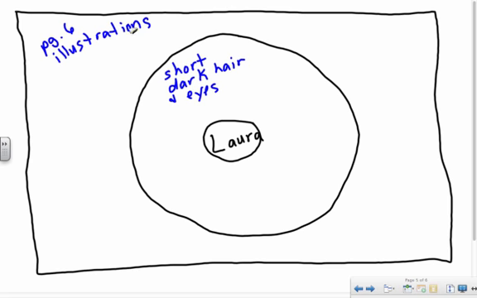Another literal description I can write about Laura is that she is a cat owner. So I can write that description here in the circle. And then out in the frame of reference, I can put my evidence. From page 7, it states, "Whiskers, her black and white cat, lay beside her."